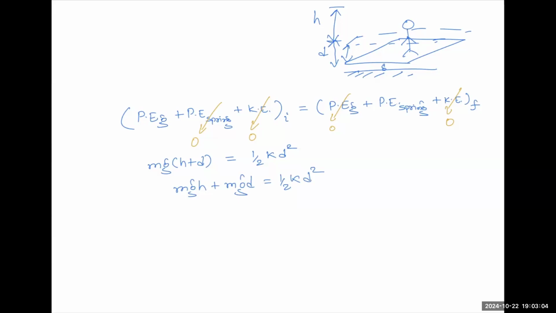So d squared minus 2mg d over k minus 2mg h over k equals 0, right?